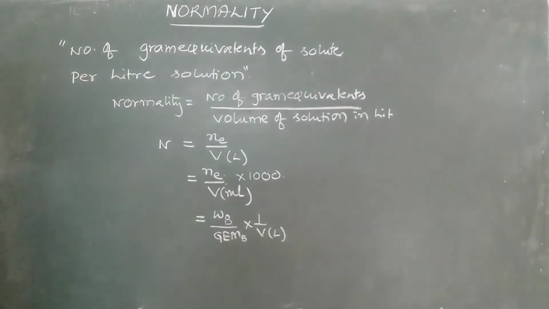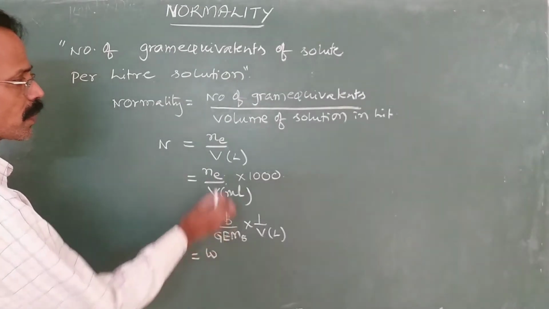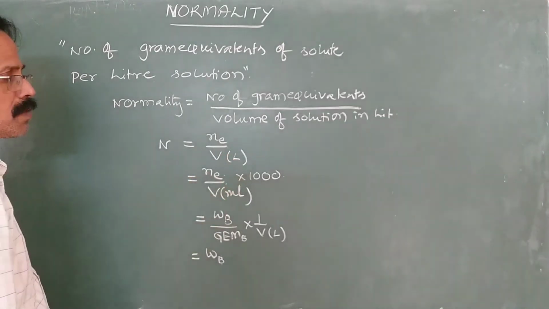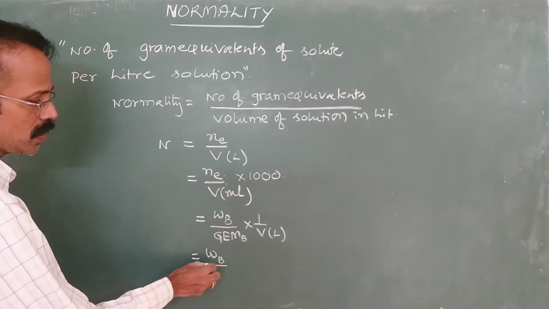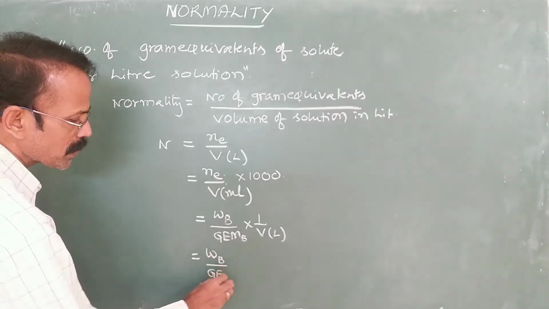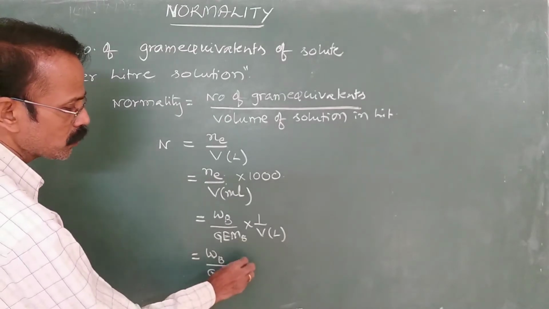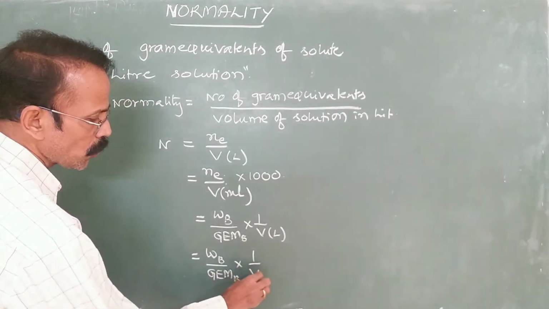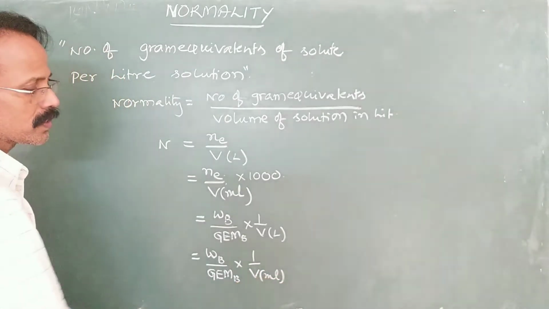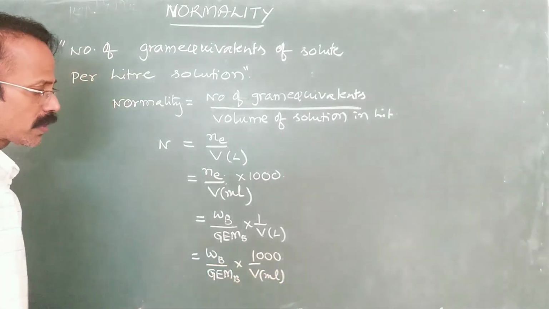Suppose the mass of the solute is given in grams, that is Wb, and the volume of the solution is given in milliliters. In that case, mass of solute divided by gram equivalent mass of solute will give the number of equivalents, into 1 by V, the volume of the solution. This is given in milliliters, so now we have to divide the volume of the solution by 1000. So that you will get this formula.